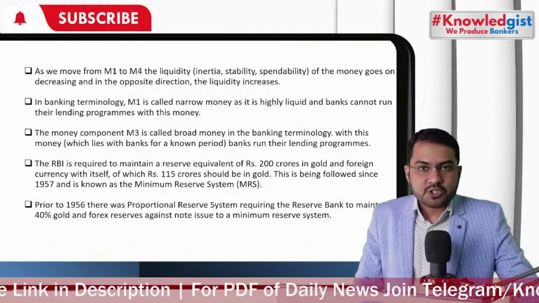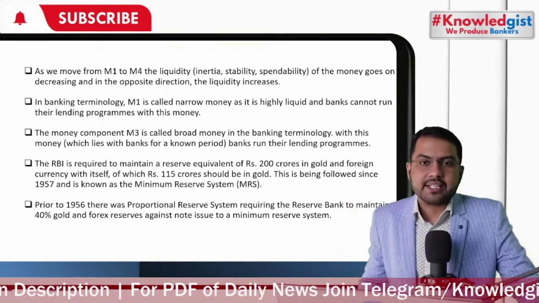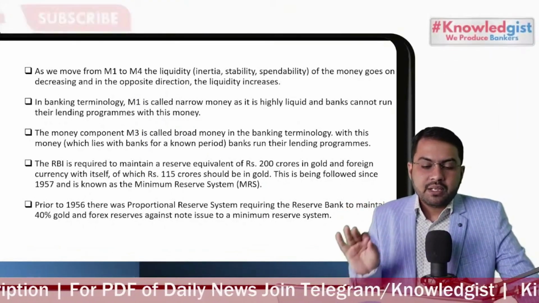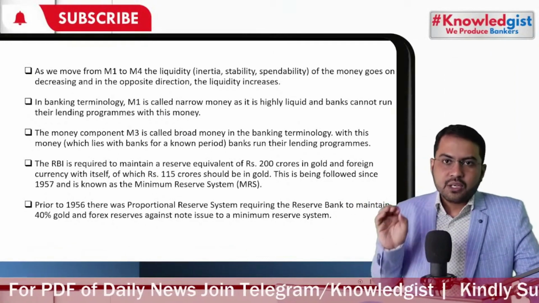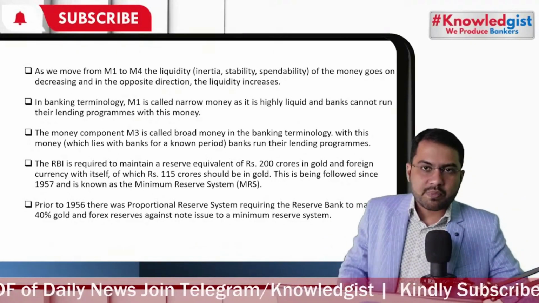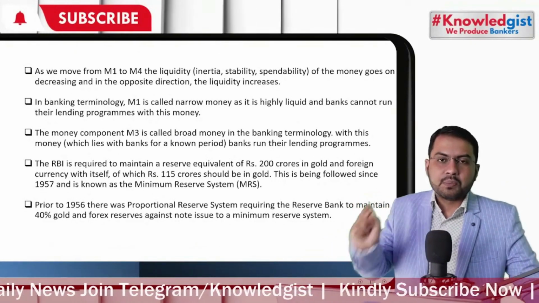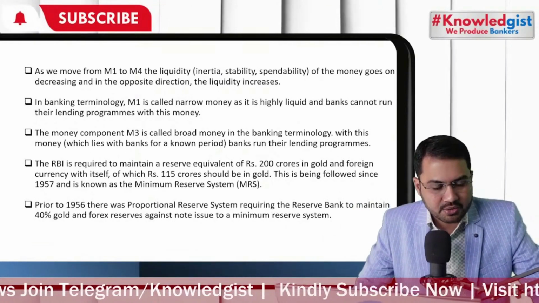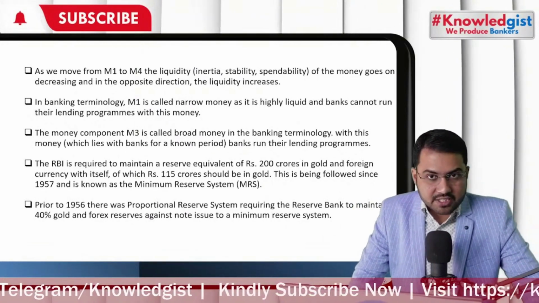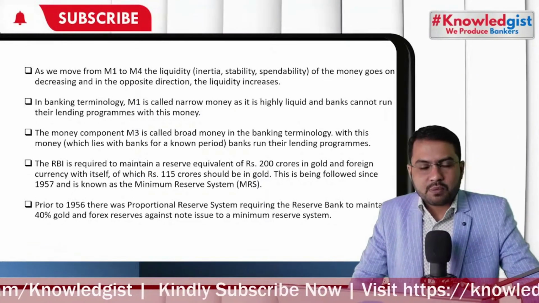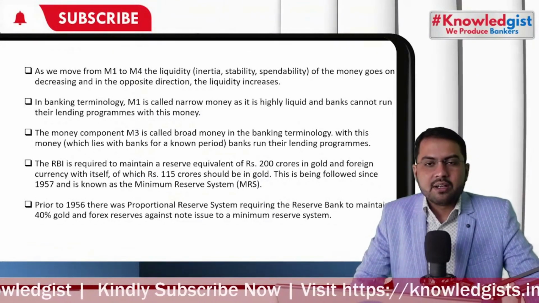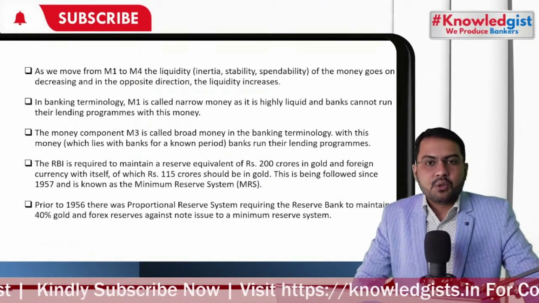If the bank has to print 1 crore of currency, they should have a minimum of 40 lakhs of gold or foreign exchange reserve to print 1 crore currency notes.